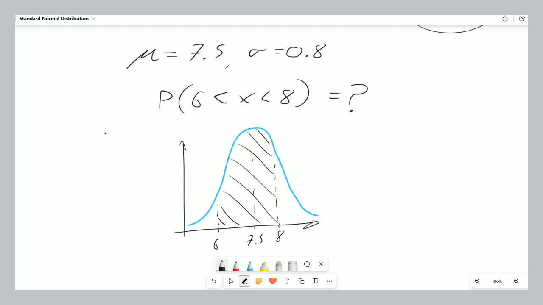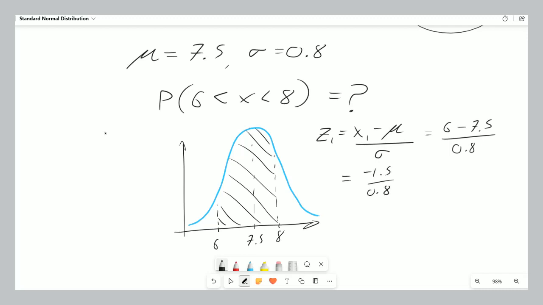Well, we've got two boundaries here for x, so we've actually got two different x values to convert to z values. So we're going to have z1, which is equal to x1 minus mu over sigma, or 6 minus 7.5 over 0.8. So 6 minus 7.5 is negative 1.5.